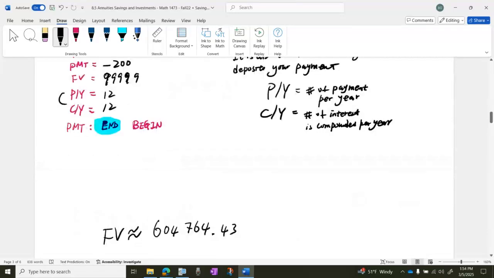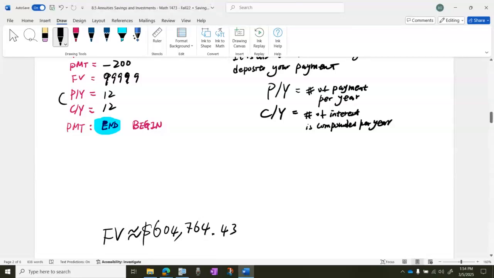So that means in 40 years, you are going to have $604,764.43. You're going to have a lot of money, right?